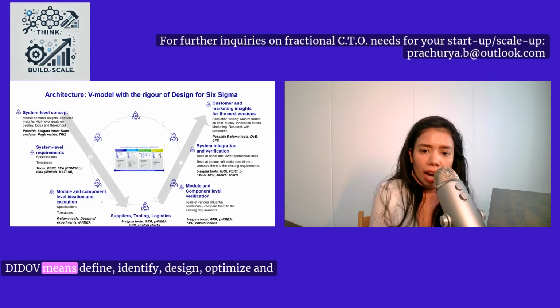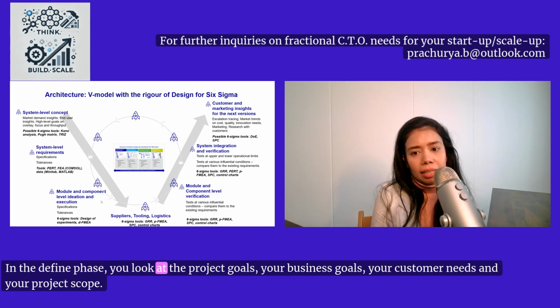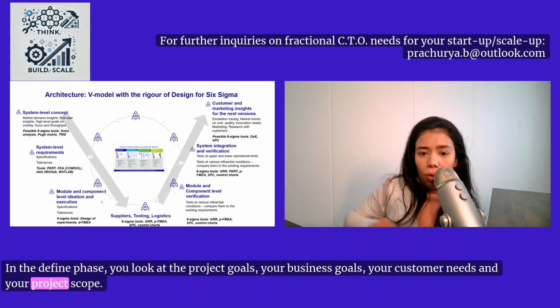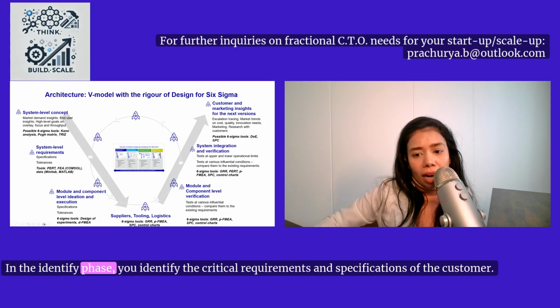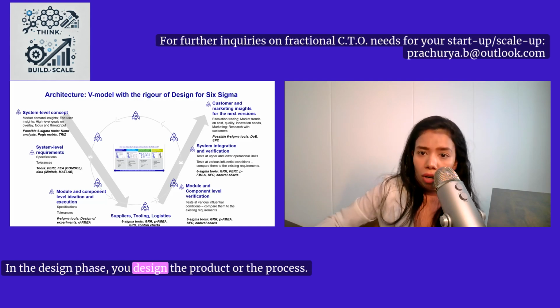DIDOV means define, identify, design, optimize, and verify. In the define phase, you look at the project goals, your business goals, your customer needs, and your project scope. In the identify phase, you identify the critical requirements and specifications of the customer. In the design phase, you design the product or the process.